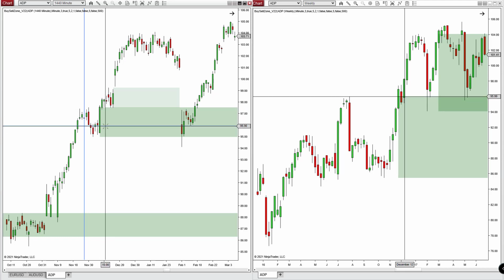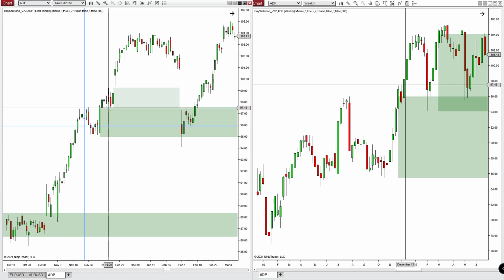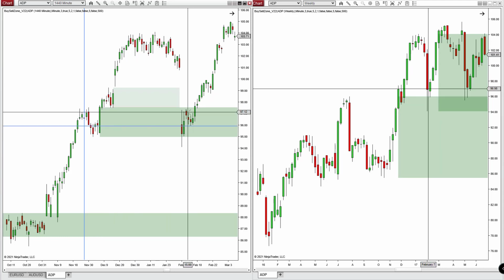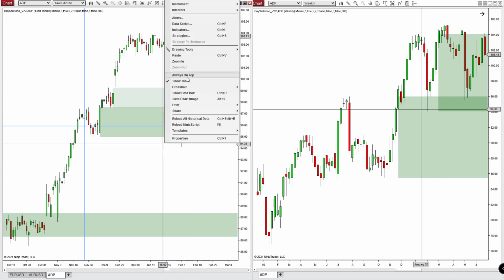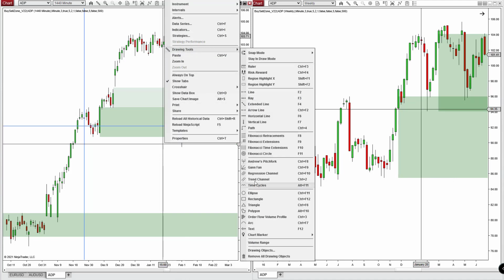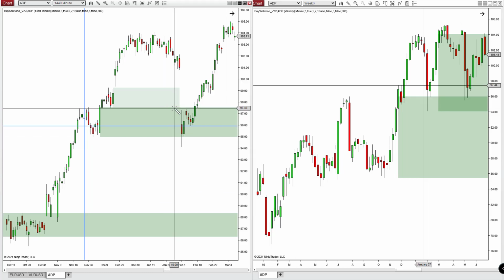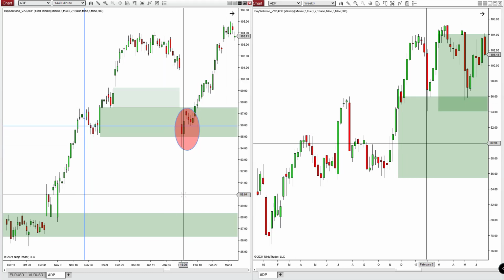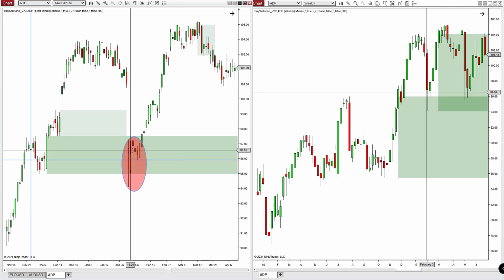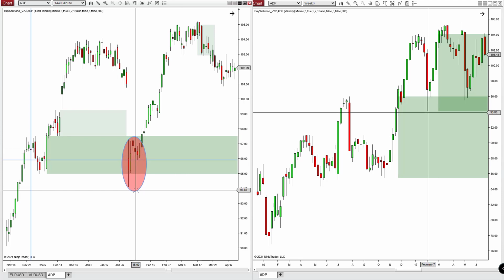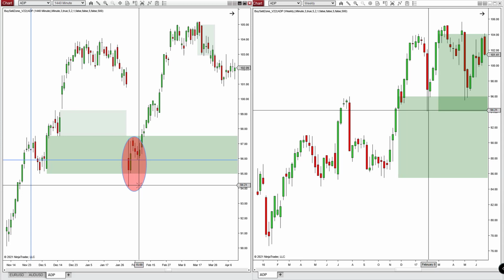And this is the section that overlaps. So we have this initial move. We come in. Here's where we would engage, right there. It's beautiful, isn't it? Look at that move. They don't always go this quickly, but when they do, it feels really good.